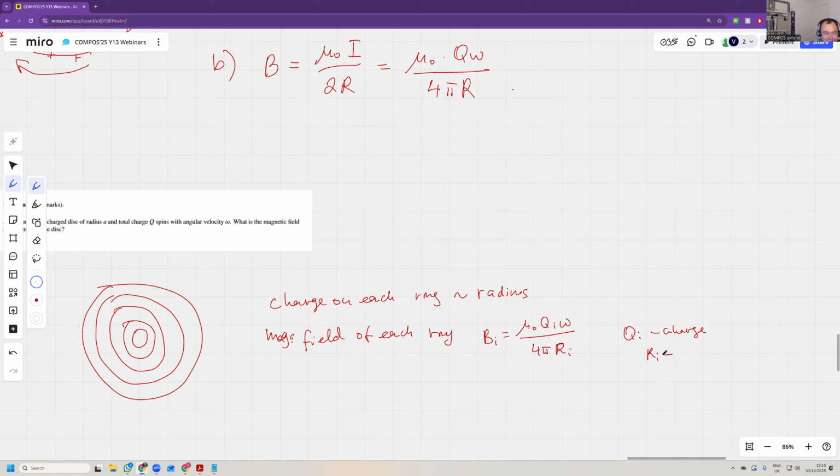Oh, nice, because Q is proportional to R, they kind of cancel out in a way. And yeah, the total field B total is just the sum of Bi's from all the rings.